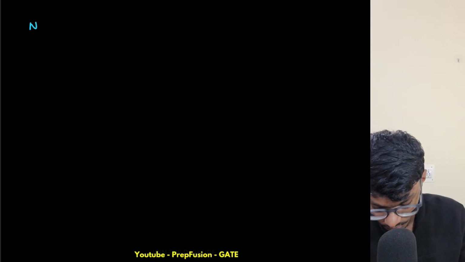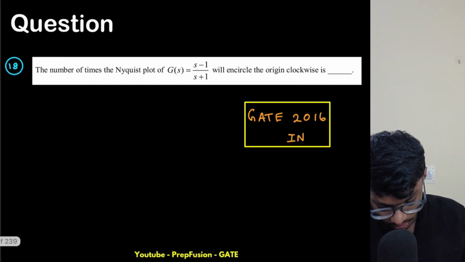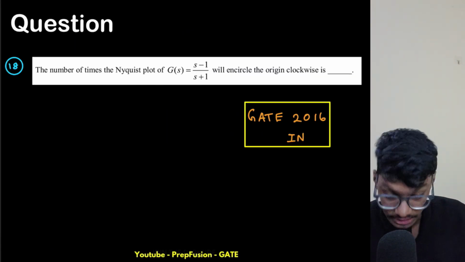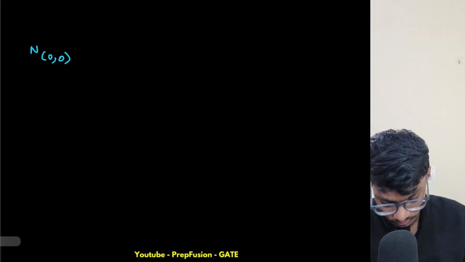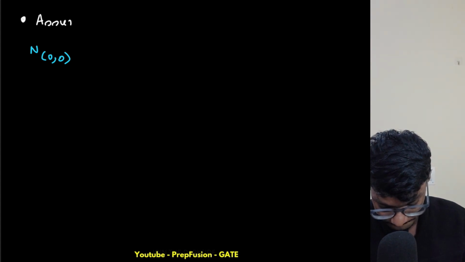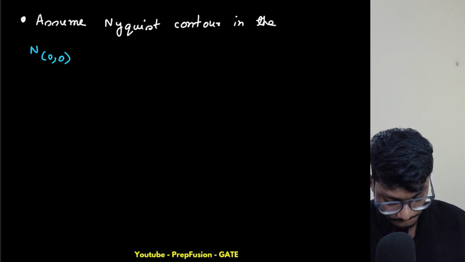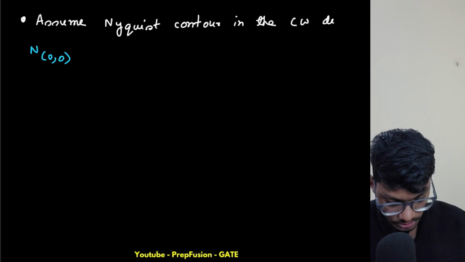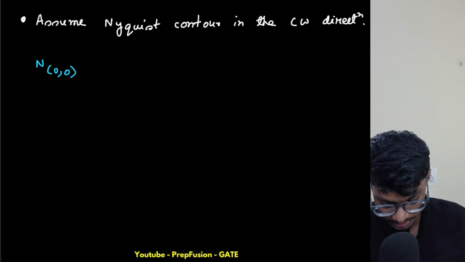We'll use this formula N(0,0), and it hasn't mentioned anything about the Nyquist contour. So first thing, as a general convention, we assume the Nyquist contour in the clockwise direction.